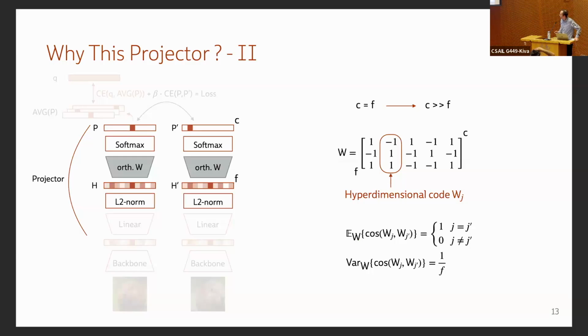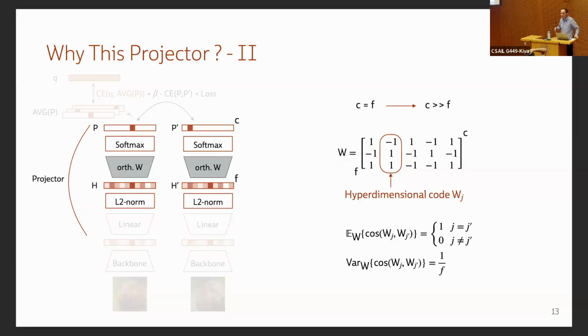Now, the important property of these kinds of codes is that if you take any column here and you compute the cosine similarity between two different codes, the expectation of this cosine similarity is 0. And if you take the same code, the cosine similarity is equal to 1, of course.